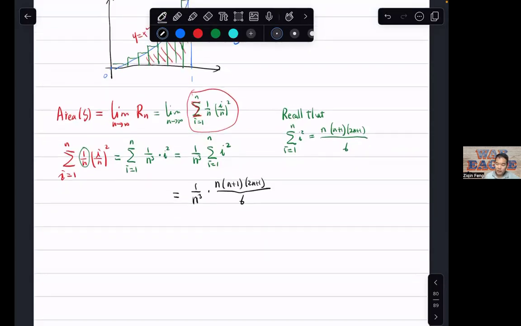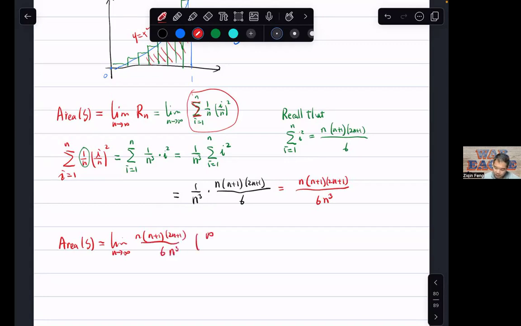Now we are ready to evaluate the area, because we simplified the sum as a function of n. As n gets bigger and bigger, this is a fraction that gives infinity over infinity. So the area of the region S we are interested in is the limit as n goes to infinity of n times (n plus 1) times (2n plus 1) over 6n cubed.